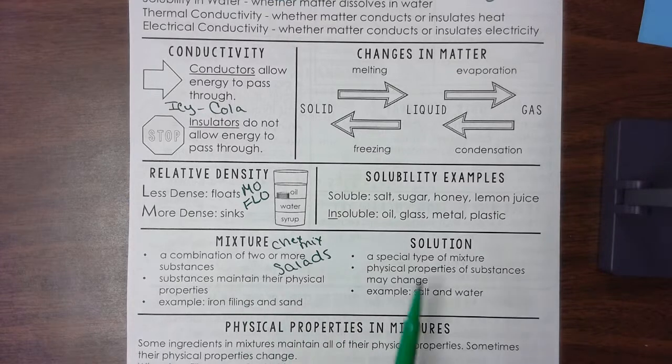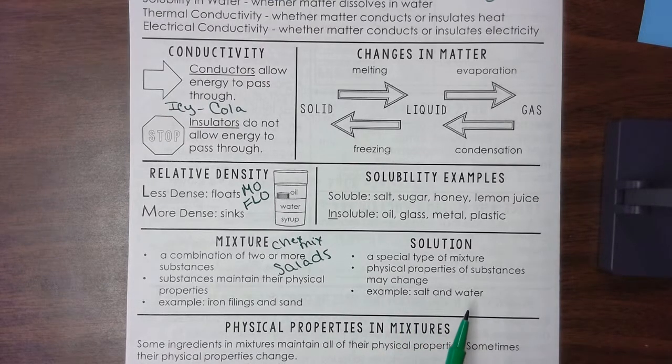We're moving on. Solutions. Solutions, you got to start with a mixture, right? Take that mixture, mix it all up. But then this time, when you mix it up, the physical properties actually do change. Okay. Examples here are salt and water. Right? Salt dissolves in the water. Can you easily separate that? No. What's another example?